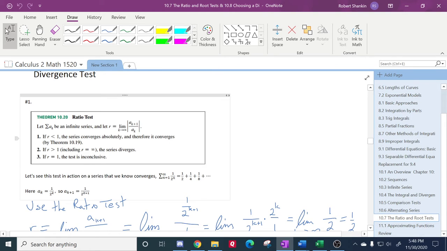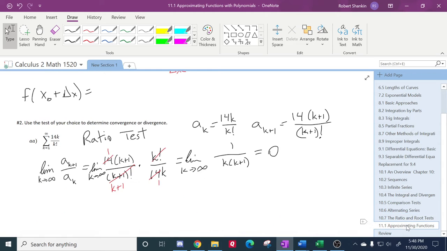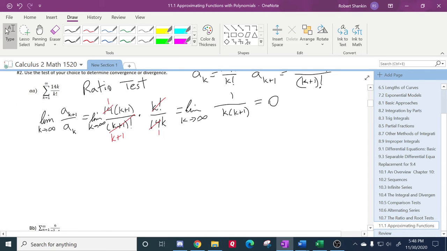So it's essentially acting kind of like a geometric series with an r that's getting really close to 0. And so since r is less than 1, the series converges.